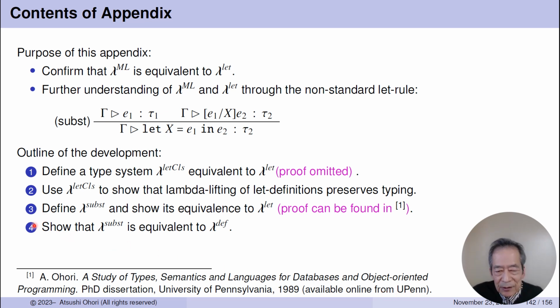And the final step is to show that lambda-subst is equivalent to lambda-def. Combining everything, we effectively achieve the equivalence of lambda-ML and lambda-let. This is the agenda we will be taking in this appendix.